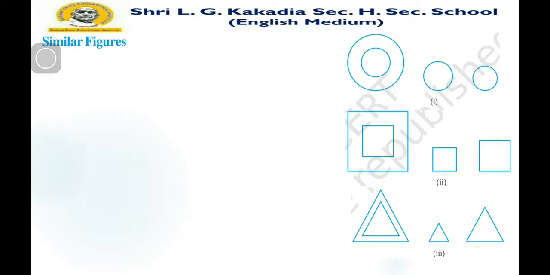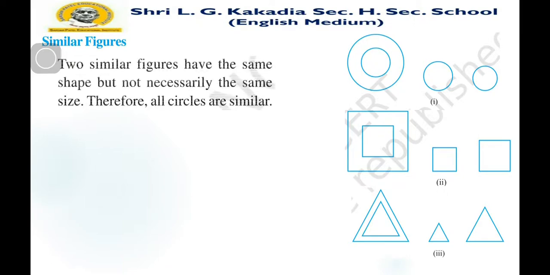So we can say that two similar figures have the same shape but not necessarily the same size. Here you can see that the two circles are similar to each other but not the same size.